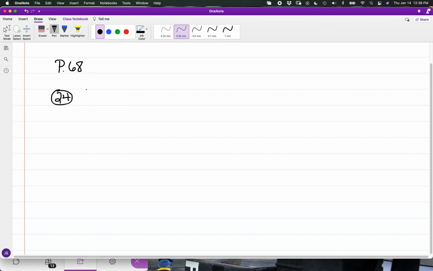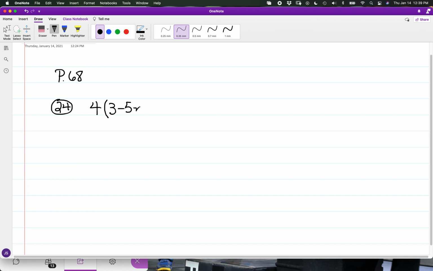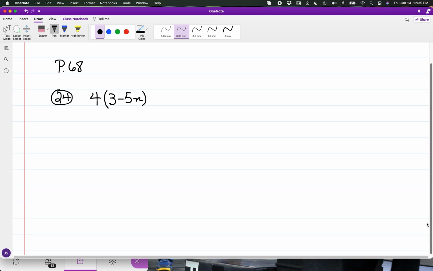and we have this equation in terms of the variable n, where we have 4 times the quantity of 3 minus 5n, followed by the addition of 1, is equal to negative 4n minus 8 minus 16n.